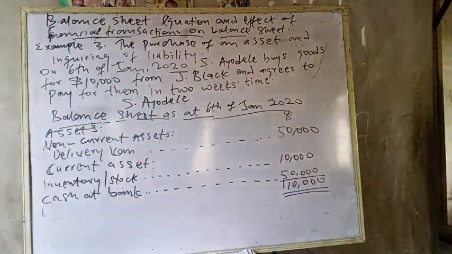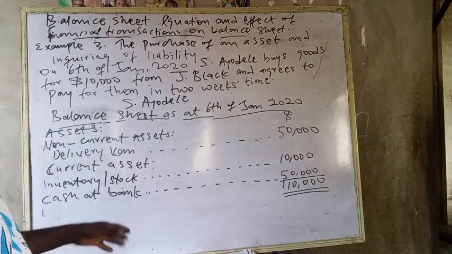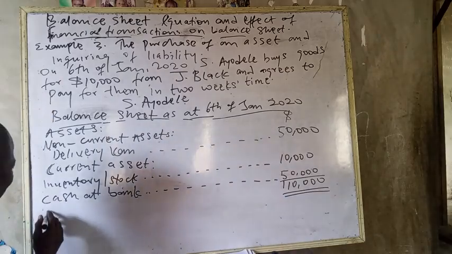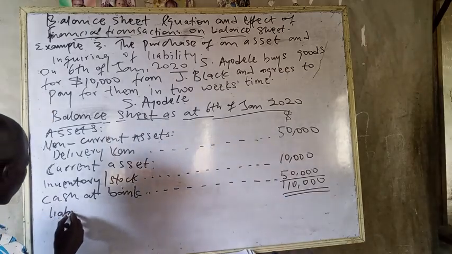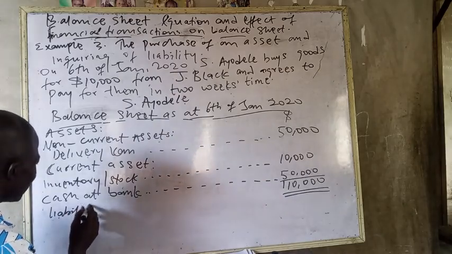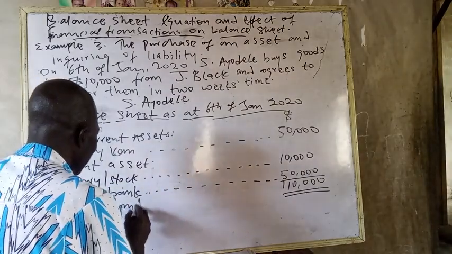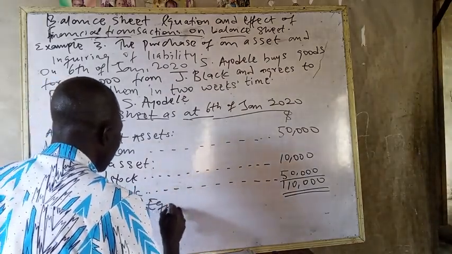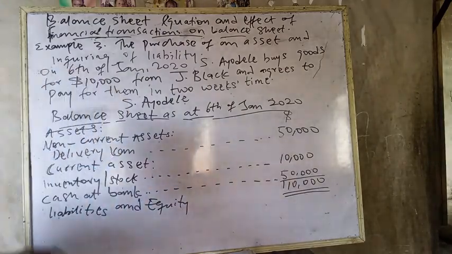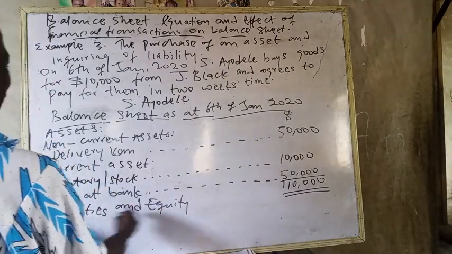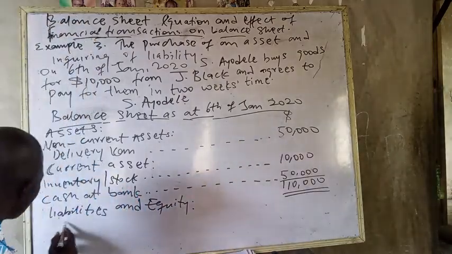So, in this case now, liability has come in. So we go to the next, liabilities and equity. In this case, liability has come in, but the first one that we had under liabilities and equity is equity.